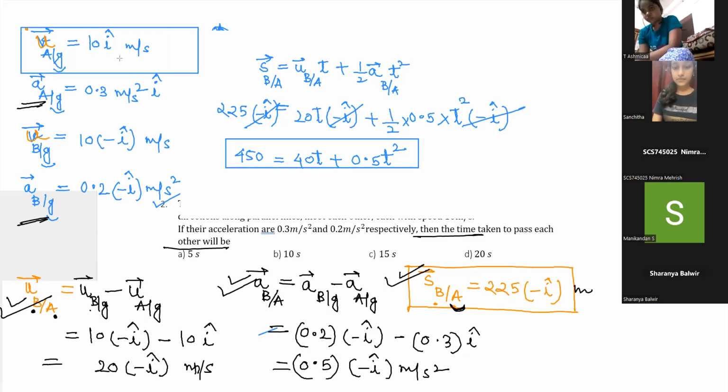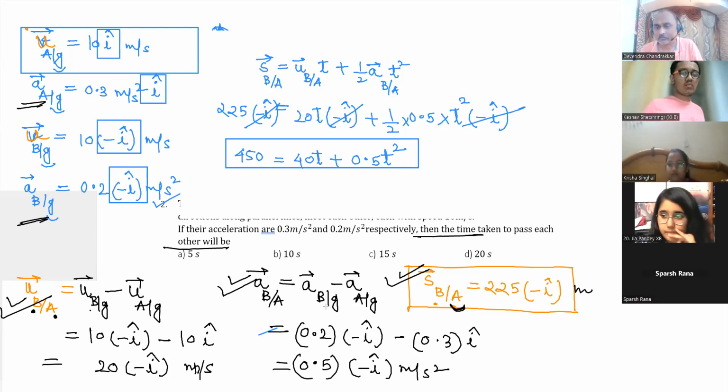This minus I cap which you are writing gives you a clear idea of the direction of motion. Understood or not? Sharanya, Jia, Krisha. So follow these steps whenever you are doing problems related to one dimension motion and based on equations of motion. Okay? Yes or no?